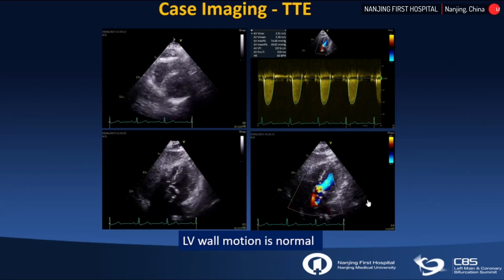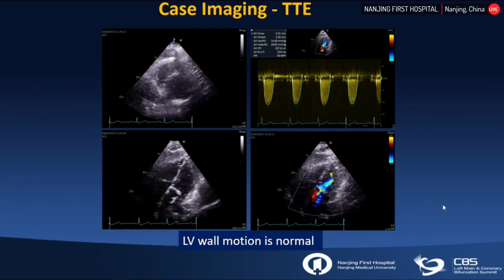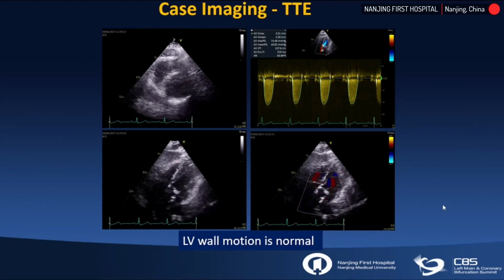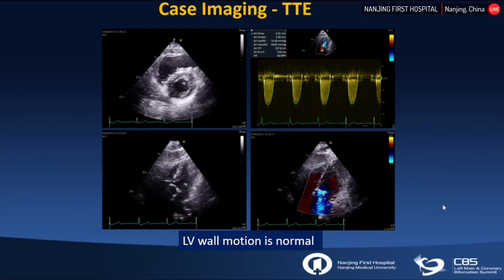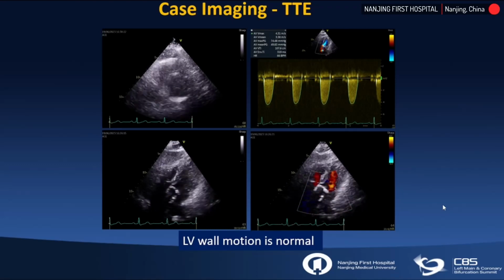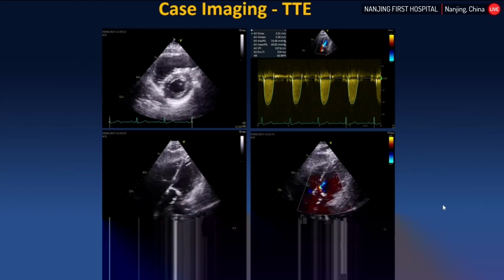From the 4-chamber and 3-chamber views, you can see the high-speed velocity across the aortic valve, the LV cavity is quite small, and there is no aortic regurgitation.